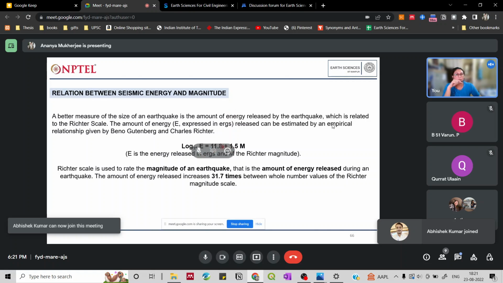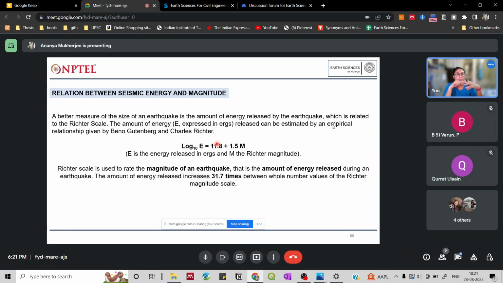So this is how earthquakes are measured, and what the different elements of the earthquake are that we require to calculate the size and the impact, and then understand what kind of constructions and building material we need.